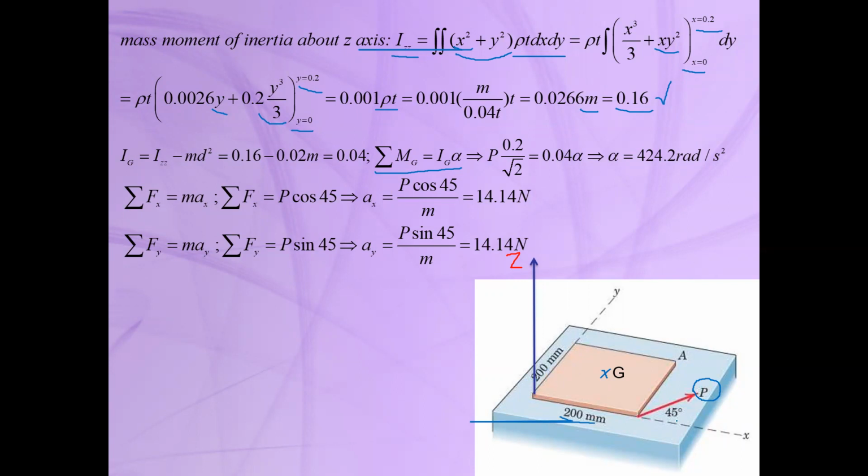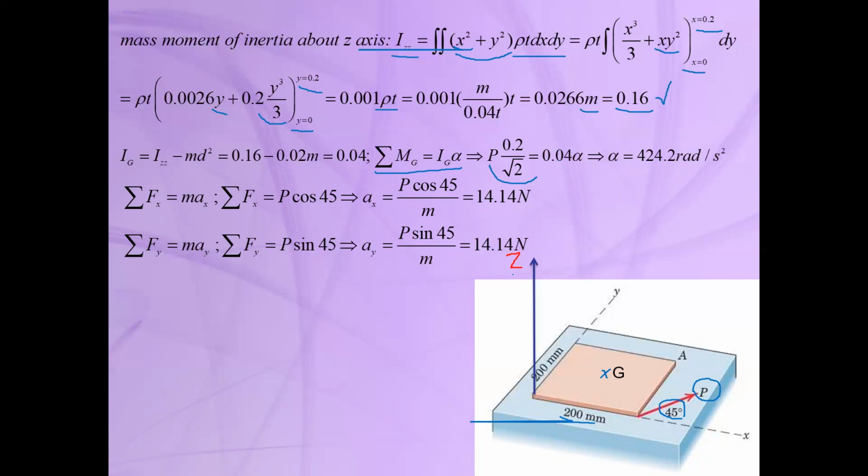Because this angle is 45, the moment due to P is equal to P times 0.2 divided by square root of 2. So this is the moment due to this force. It must be equal to Ig alpha, and Ig is the mass moment of inertia about the mass center.